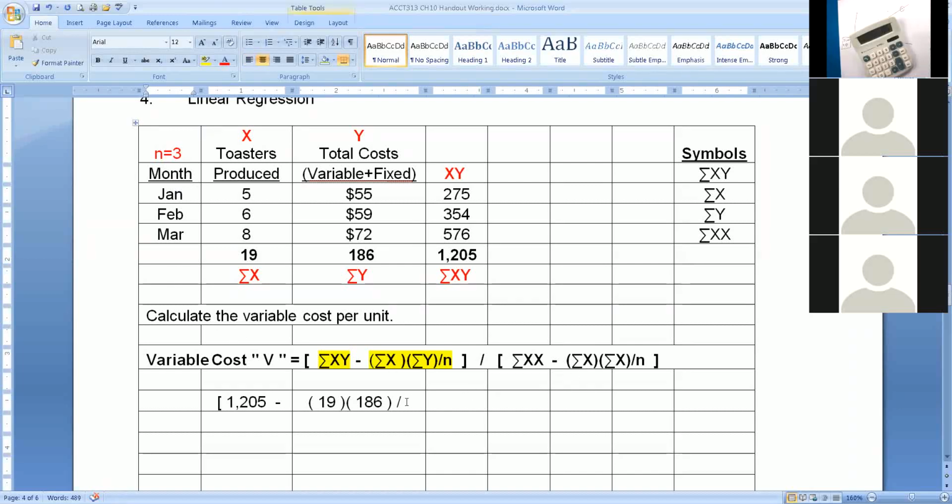I know I make lots of mistakes, but this time I'm not. So the n would be a 3. And then we put brackets around it, and that would be the first part. So this is that first one up here. That's what that is.